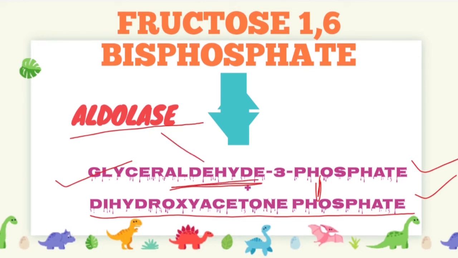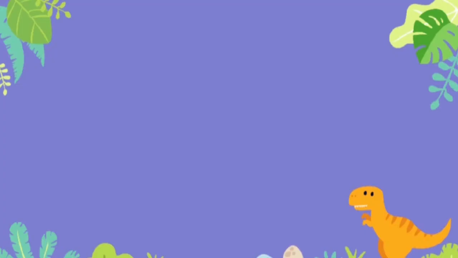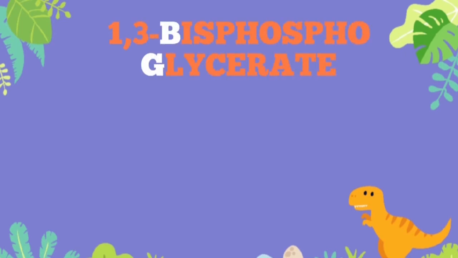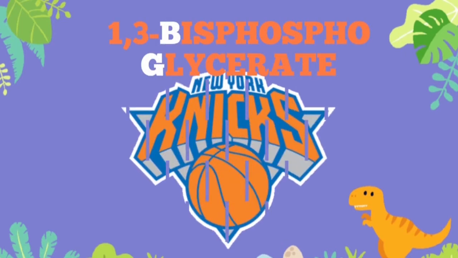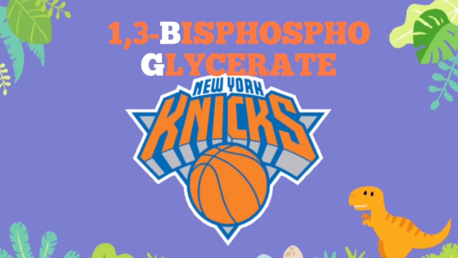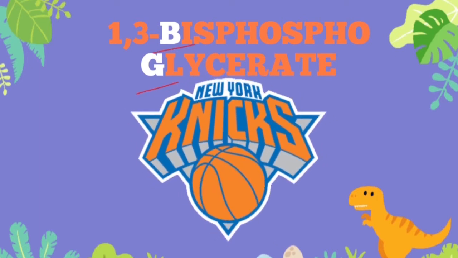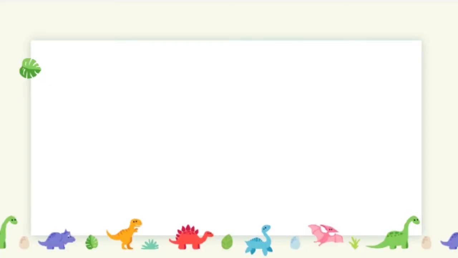Aldolase is the enzyme. Next step is, she posted this in which all Facebook groups. First is the basketball group, that is 1,3-bisphosphoglycerate, BG, basketball group. She posted first in the basketball group. Okay, bisphosphoglycerate. So let's see the reaction.